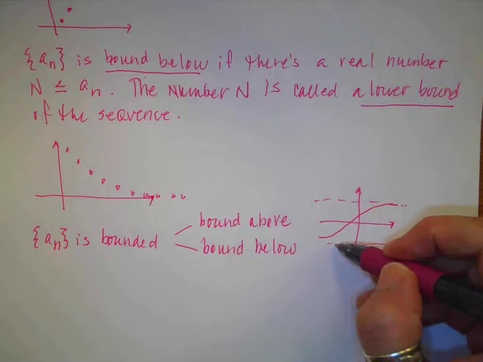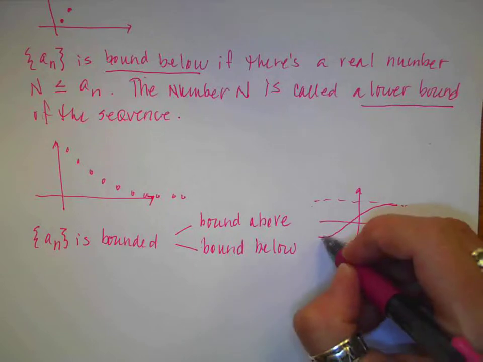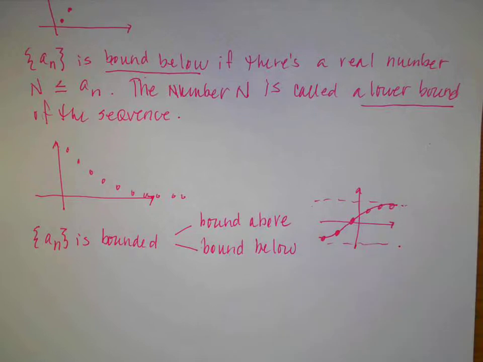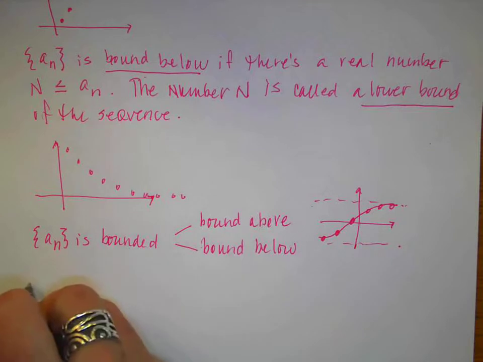If you think about a logistic function that looks like this, it has an upper boundary and a lower boundary. So if my data had been points instead of a continuous curve, then we would say that that particular sequence is bounded, meaning that it is bound below and bound above. Okay.